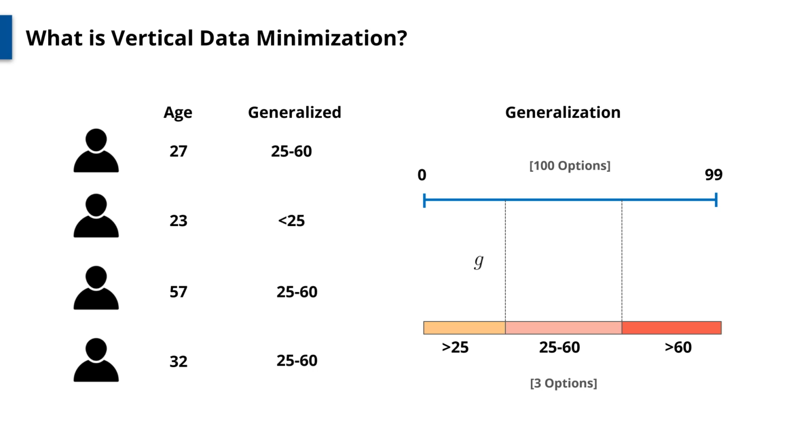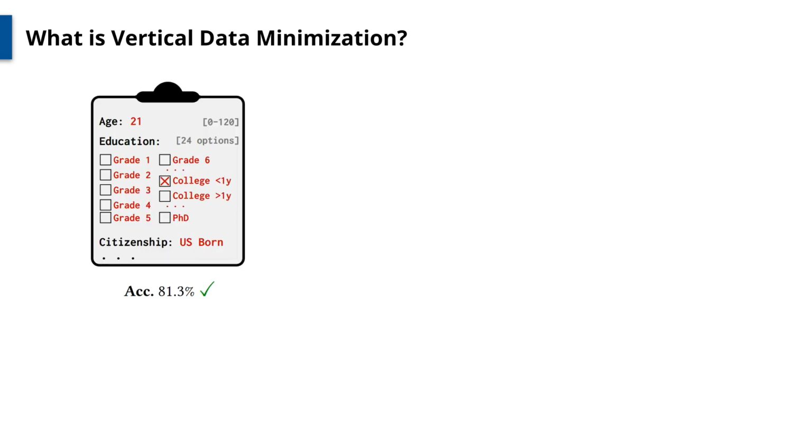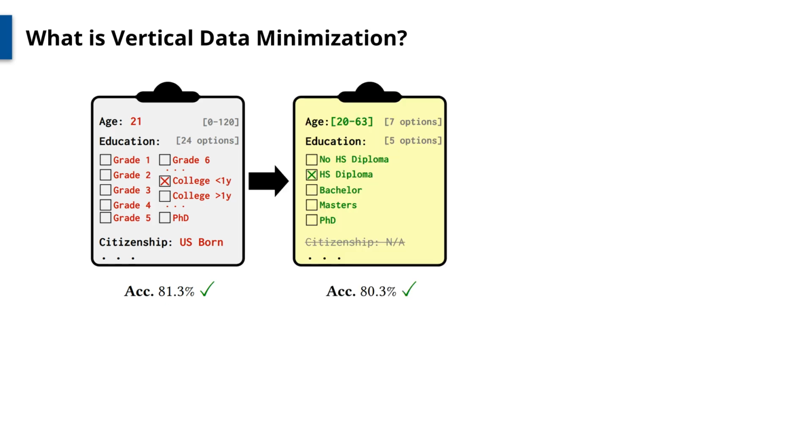Now, when we look at this in a more realistic setting, for example on the ACS employment dataset, our original dataset on which we achieve 81.3% downstream accuracy has 196 unique field values. After our data minimization procedure, we only have 34 possible options left, significantly reducing, for example, age and education.